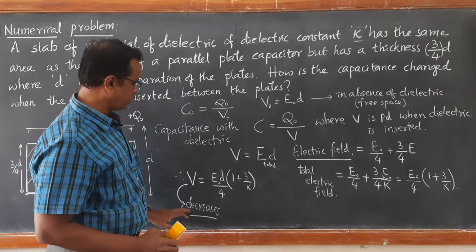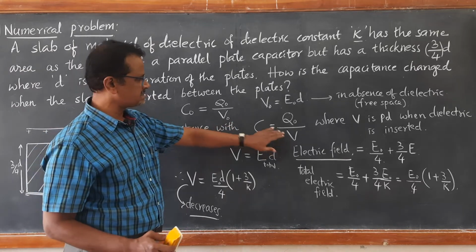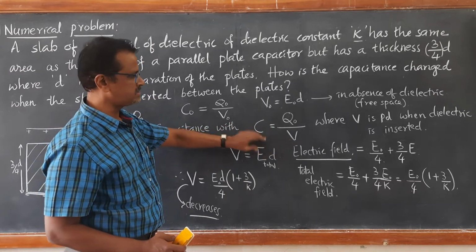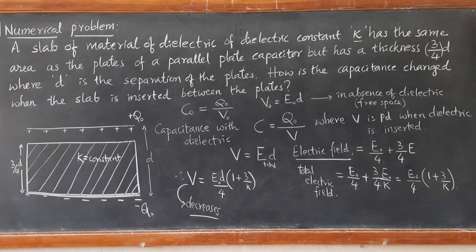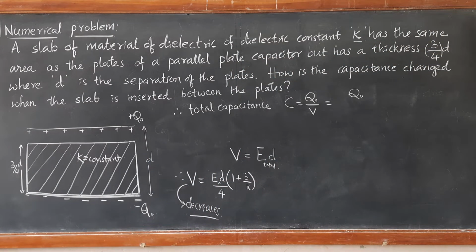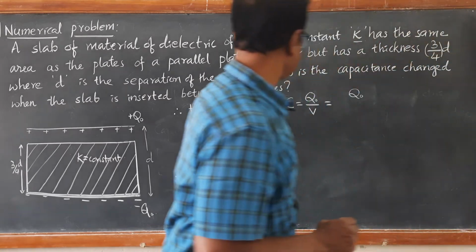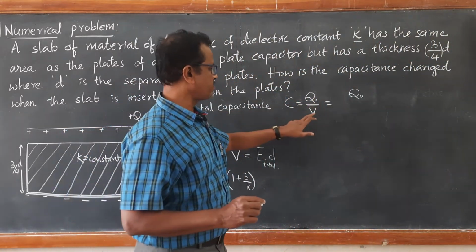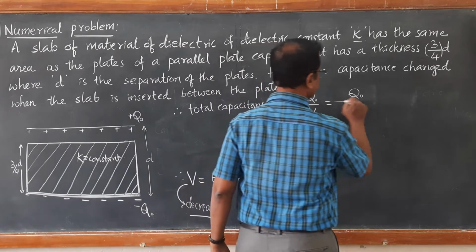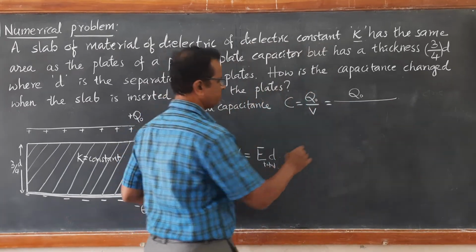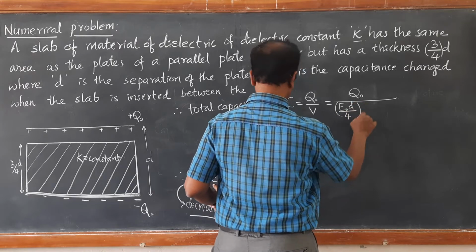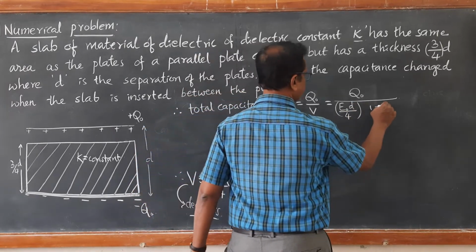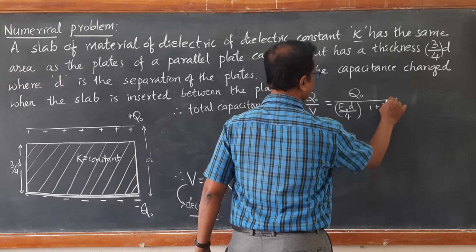Therefore V is decreased. So when V decreases, obviously capacitance increases. Let us write how much it increases. The total capacitance C is equal to Q naught by V. Just substitute the value of V, which is E naught d by 4 into 1 plus 3 by k.